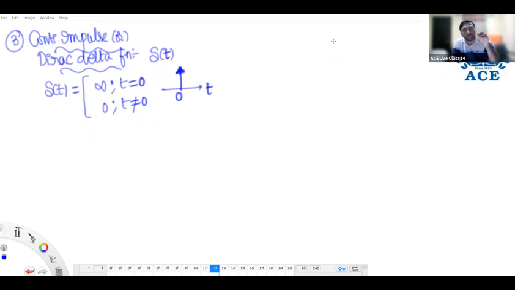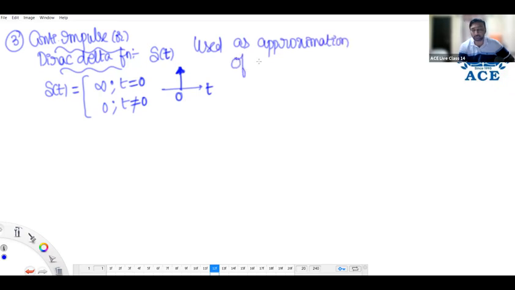To start this subject, continuous impulse is the reference signal, sir. So the correct way of saying this is, it is used as an approximation of standard signals.